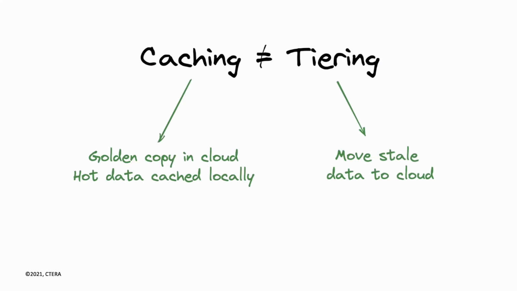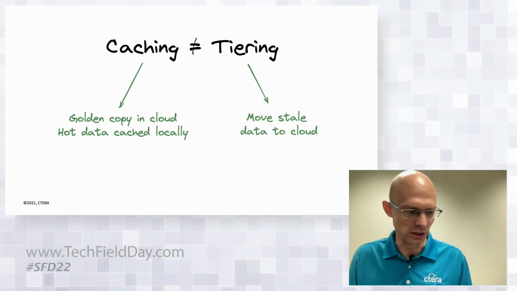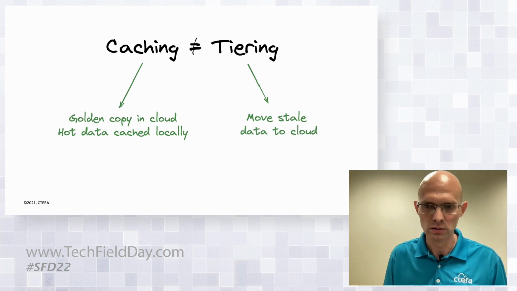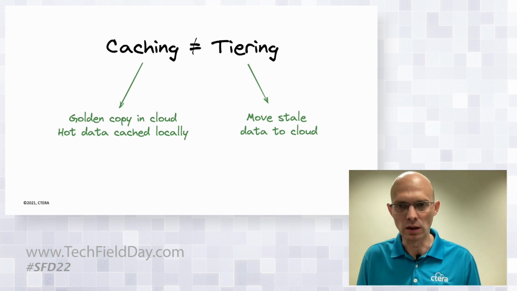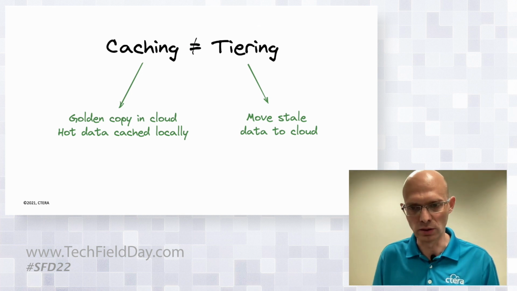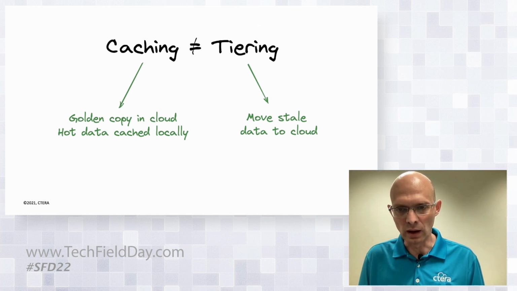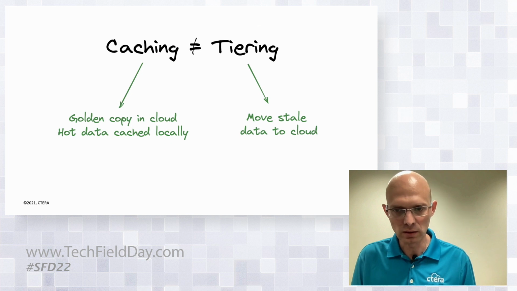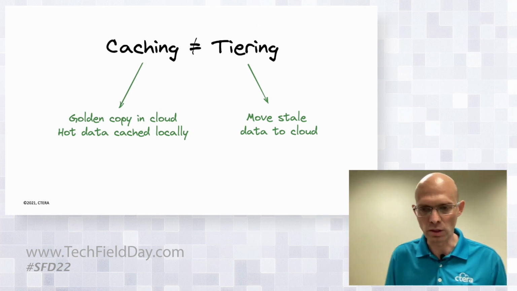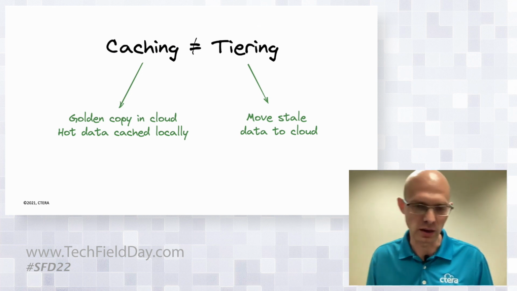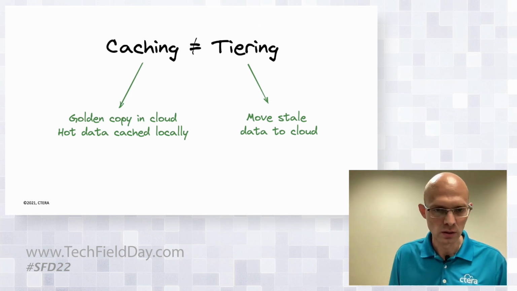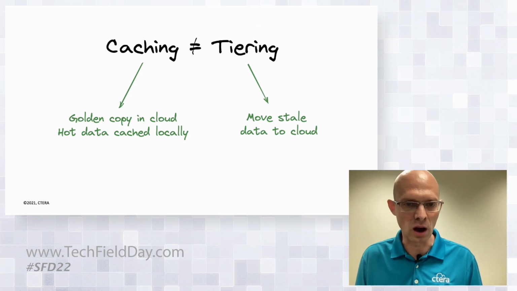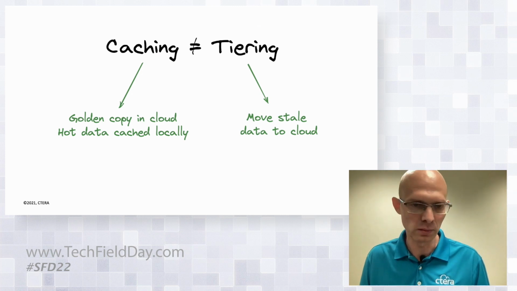Now, I'd like to talk a bit about the difference between caching and tiering, because this is often confused. The idea of tiering is to move stale data to the cloud. And moving stale data to the cloud is great. But notice the word move. You move the stale data to the cloud. In caching, you keep everything in the cloud. The cloud is the golden copy of all the data of your company.